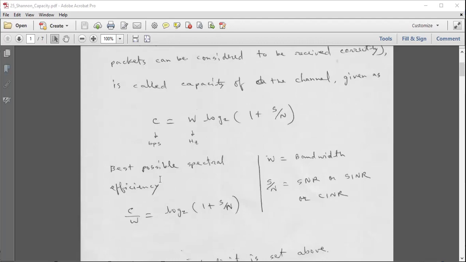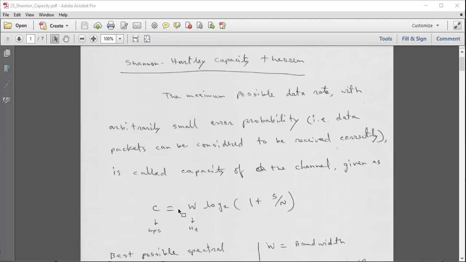Is it because, to identify the destination, the header and the... That's not the reason. It's because Shannon's capacity formula is actually completely theoretical. It's not a practical data rate. This formula is the theoretical maximum possible data rate.